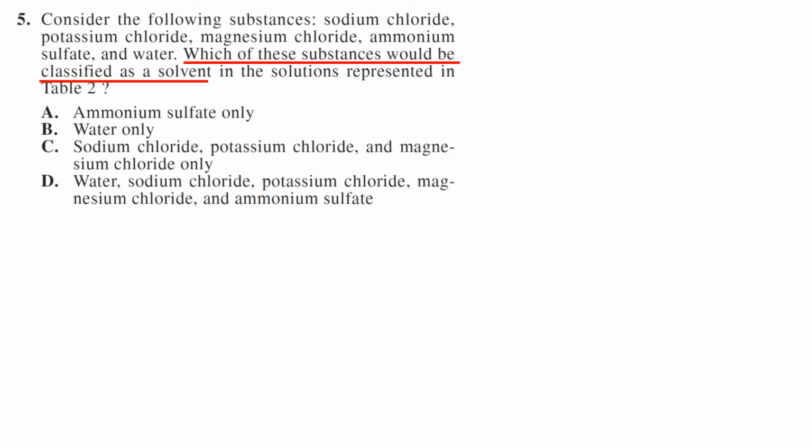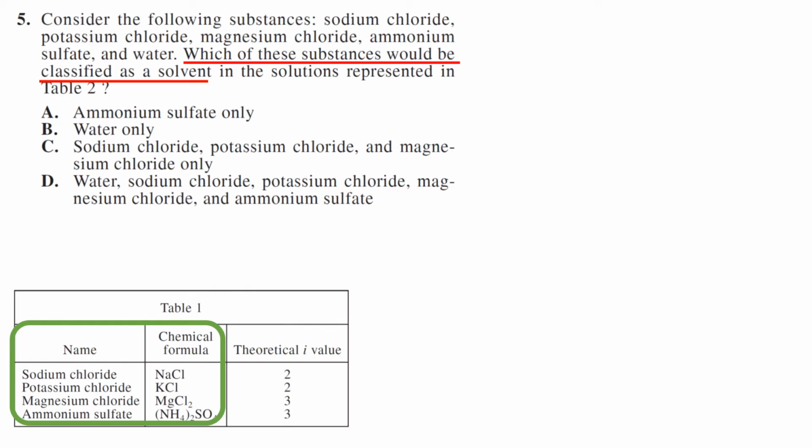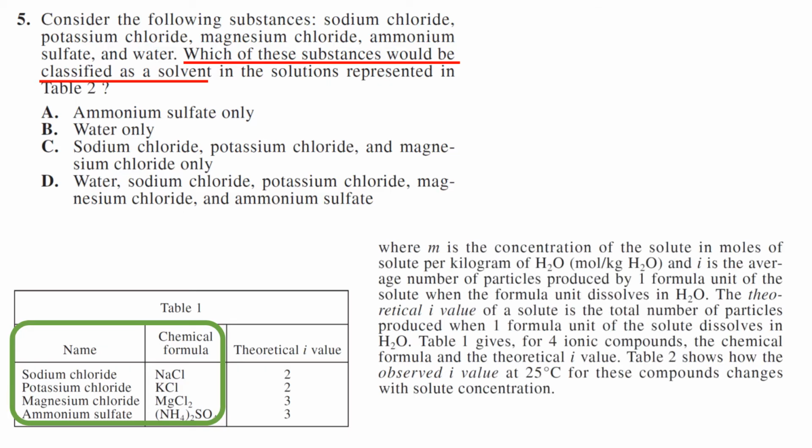Consider the following substances: sodium chloride, potassium chloride, magnesium chloride, ammonium sulfate, these in water. These are the substances that are just used in the experiment. Which of the substances would be classified as a solvent in the solutions represented in table 2? We just got to figure out which one's the solvent, which one's the solute.